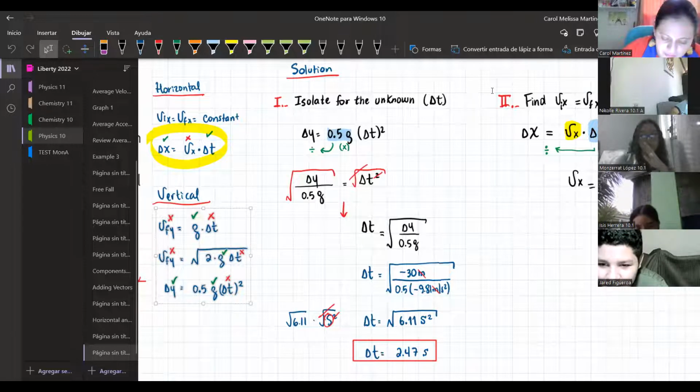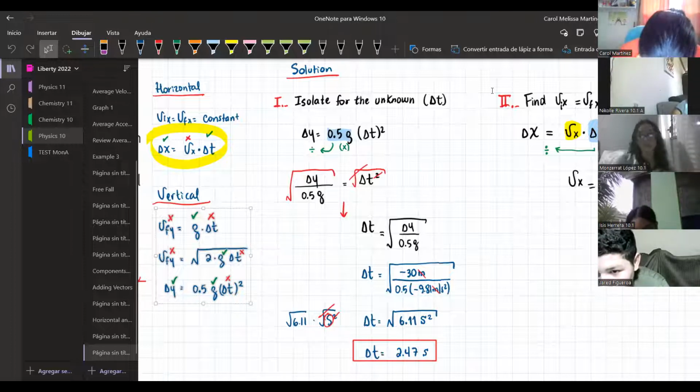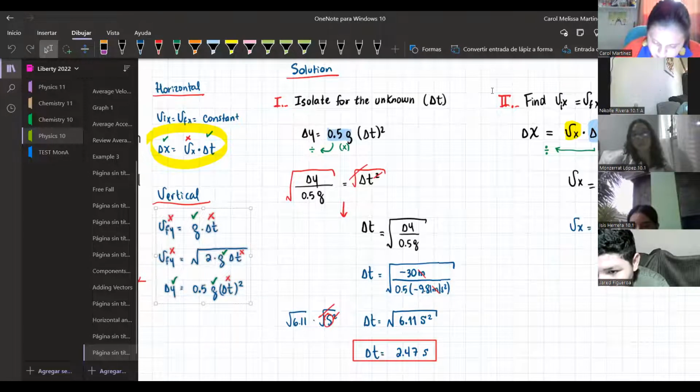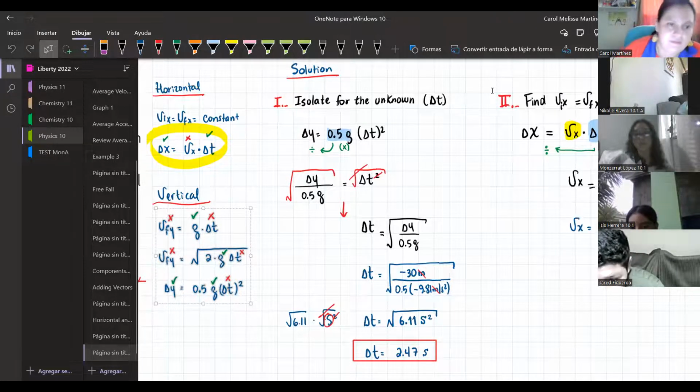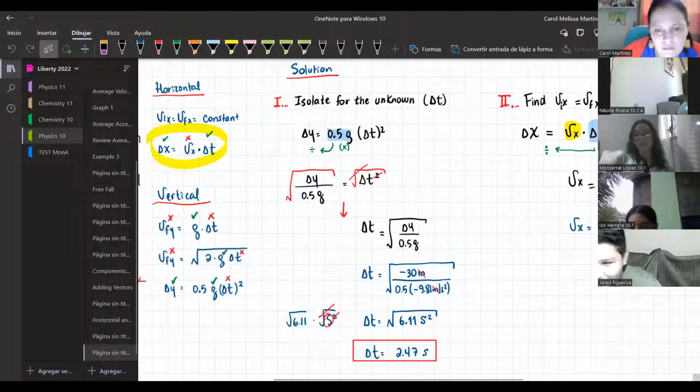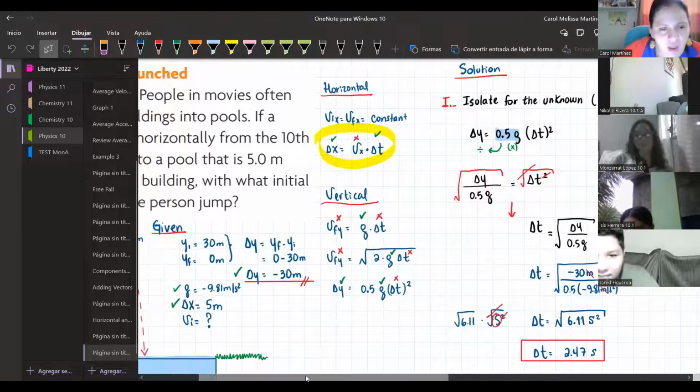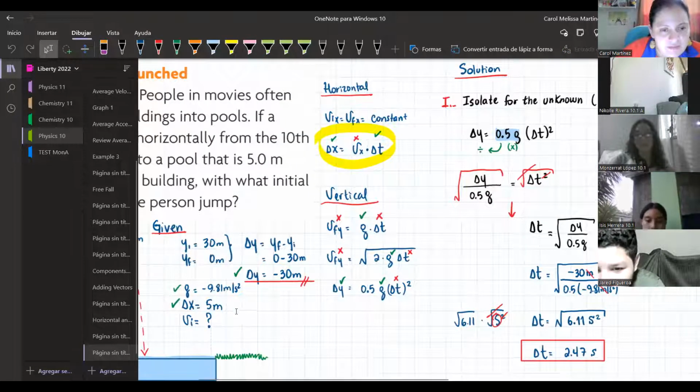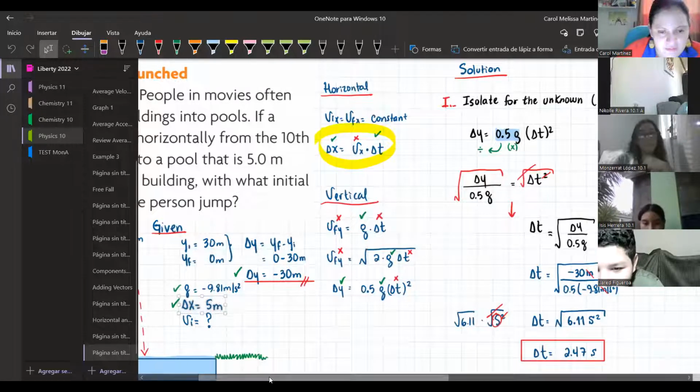Now all we need to do is substitute. Let's see the givens. Delta x is 5 meters, okay?